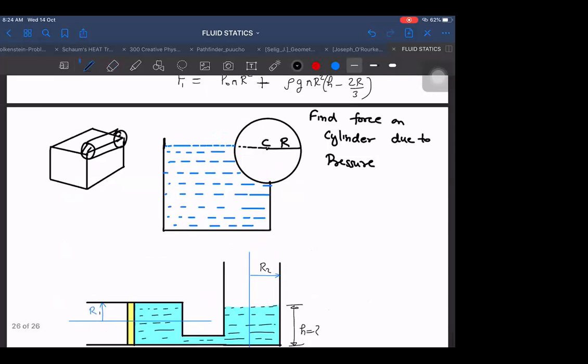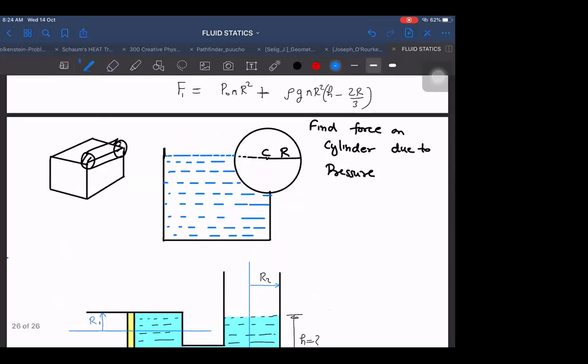Yes. Now, what is your answer? Say it again. Sir, vertical force is 1 by 4 rho pi r square bg and horizontal force is rho g r square b. Correct.